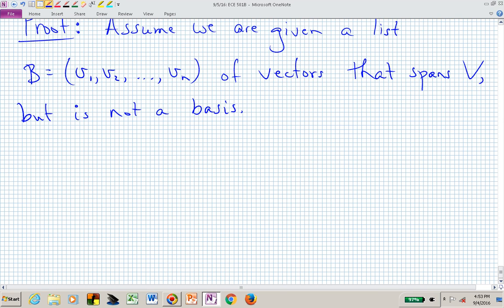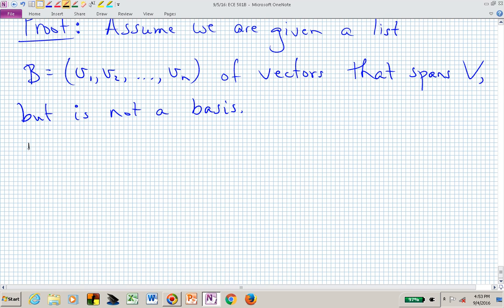Now we just have to remember what the definition of a basis was. It had two properties. One is the list of vectors needed to span the vector space, and that's what we have by this assumption. But the list also needed to be linearly independent. Well, we have the first part, that it spans V, but it's claiming that it's not a basis.